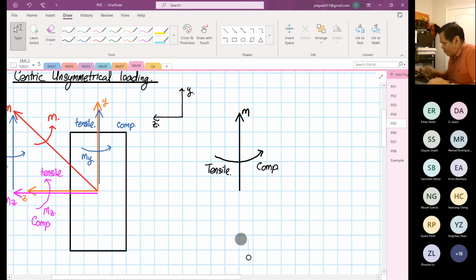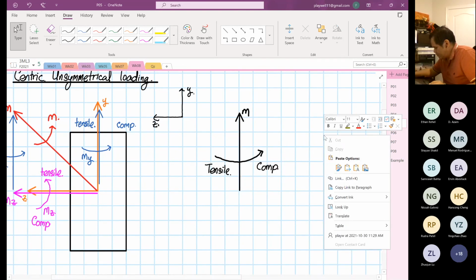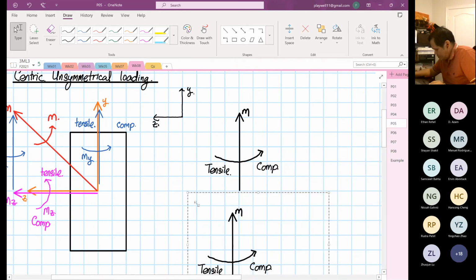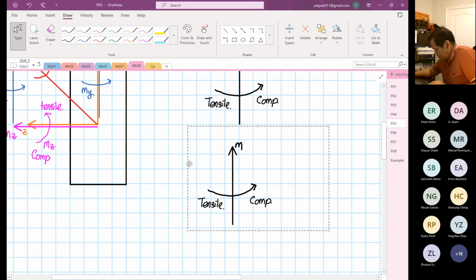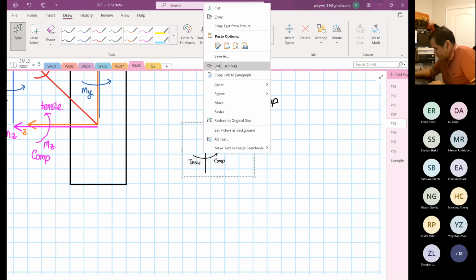It's always the same direction. So what I'll do is copy, and then paste as a picture. Then I make it small.